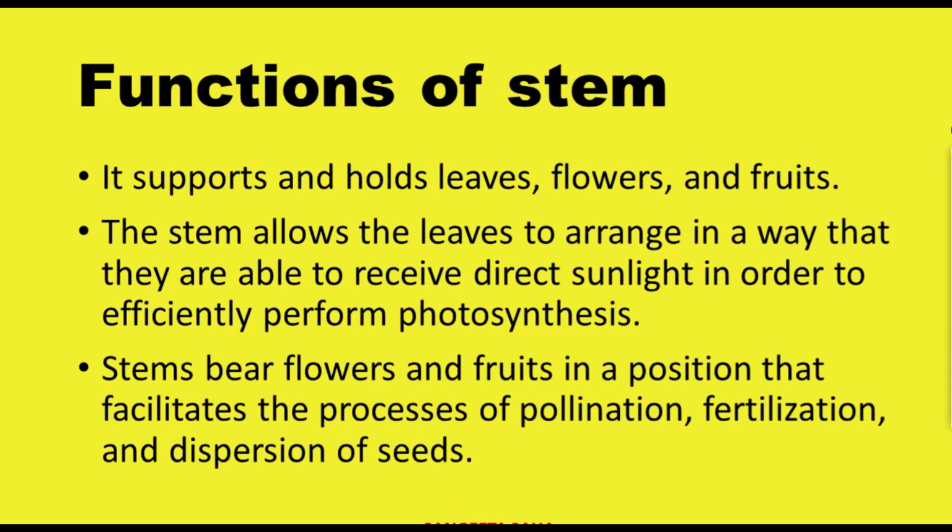Not only that, stems store food, water and nutrients. Cells of the stem meristem produce new living tissues. And the modifications that we studied just a little earlier, that is the underground stem, aerial stem, subaerial stem, have many important functions.